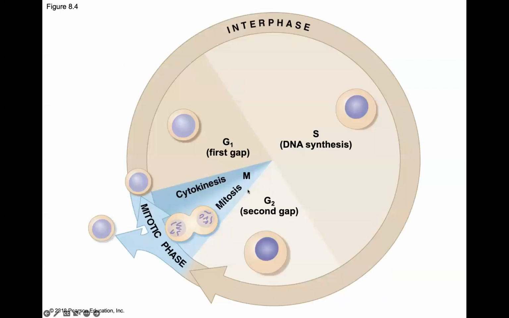So for the eukaryotic cell cycle, there are two distinct phases that we should be familiar with. Collectively, we've got interphase, okay? Interphase is going to consist of G1, S, and G2.